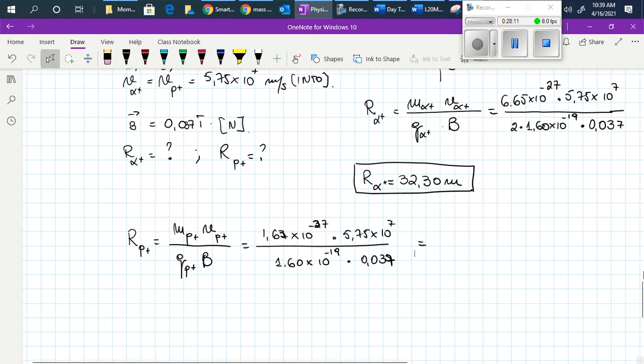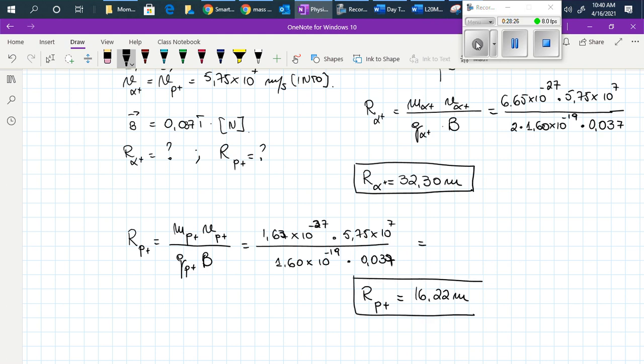Enter this in your calculator and see what the radius is. I have here that the radius of the proton is 16.22 meters. It's about half of this.